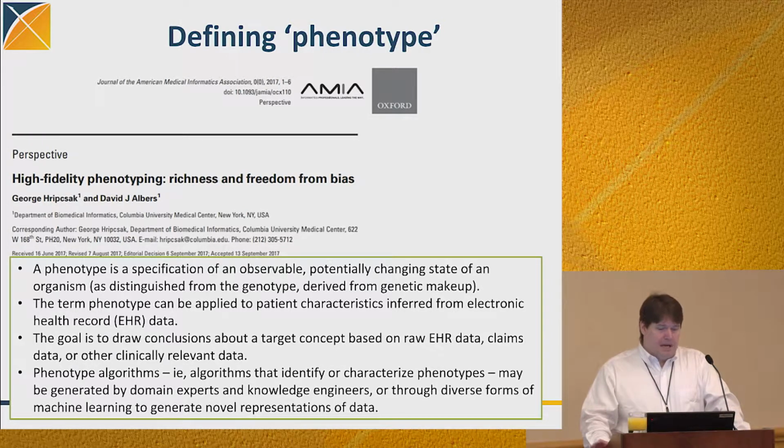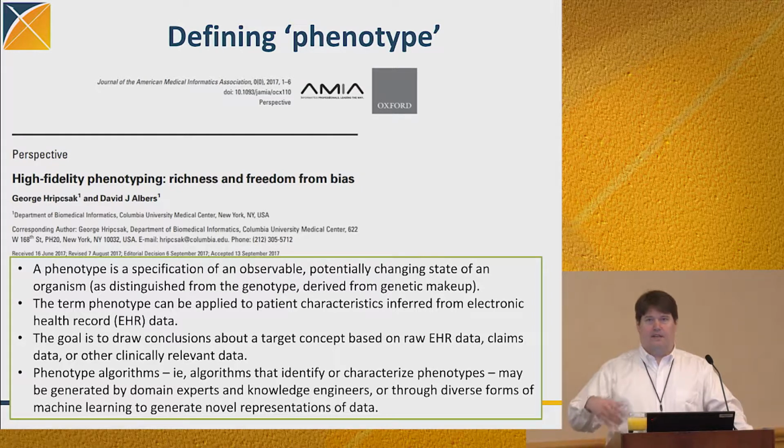And then finally, phenotype algorithms may be generated by domain experts, meaning the domain expert is the arbiter of what makes a certain person a certain phenotype, meaning rules. If the subject matter expert defines what those rules are, you apply them to your data, and you find the people that satisfy that. But there are also machine learning algorithms.